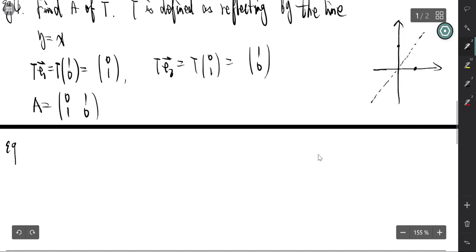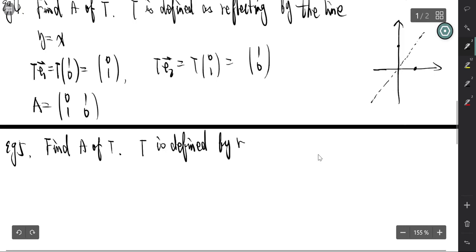But if there's reflecting by another line, for example, find A of T, where T is defined by reflecting by the line.